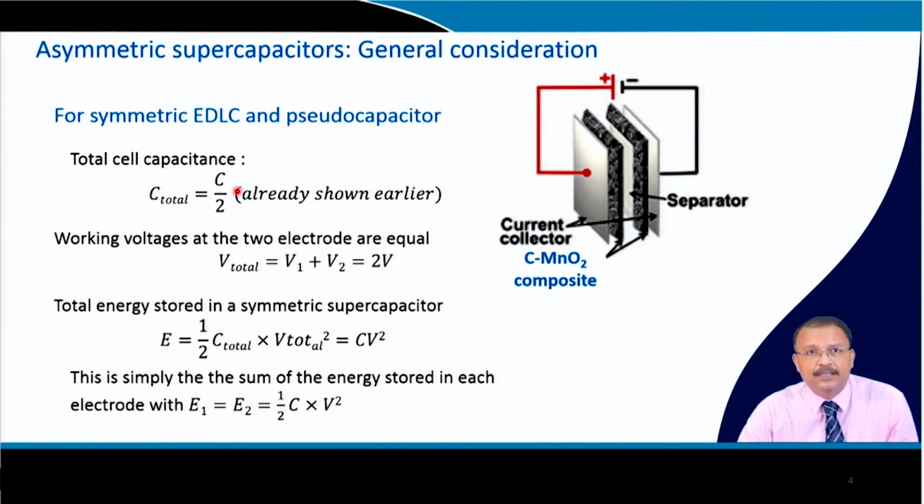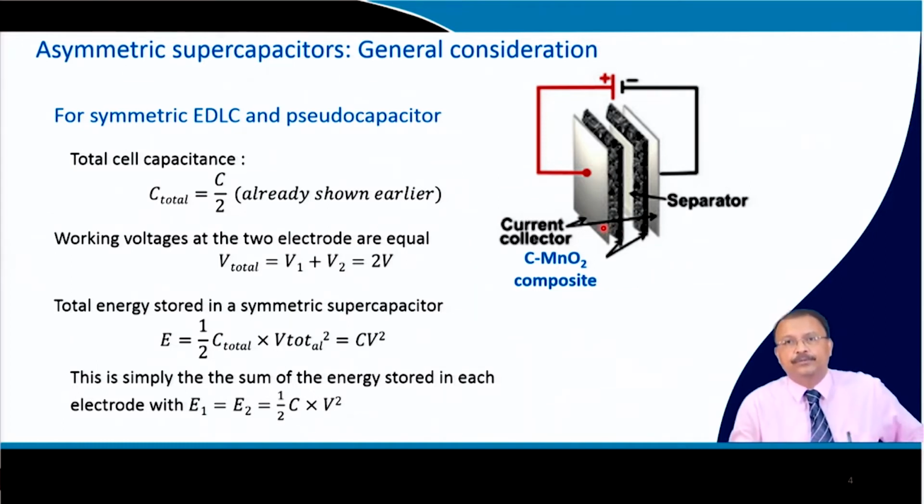So, the total capacitance, as we showed earlier, is C by 2. Now, if you want to estimate the working voltage, this working voltage is V1 plus V2. V1 and V2 are the same, so that is 2V. The total energy stored is half C into V total whole square.